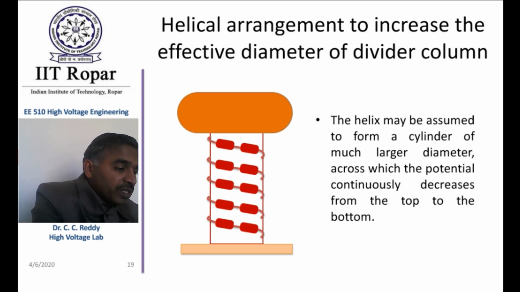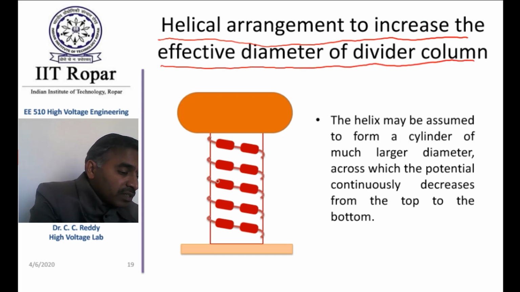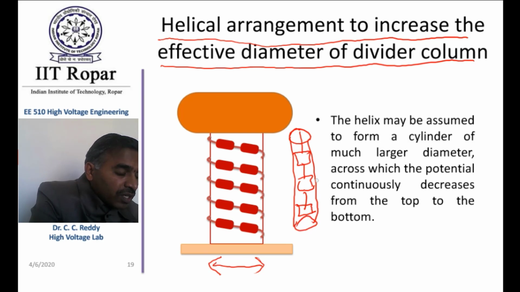Now, the helical arrangement. One more aspect is to increase the diameter. This diameter I am talking about. If we simply keep the resistors in a vertical column like this, then the effective diameter is this much only, right? So again the field effect will be there.